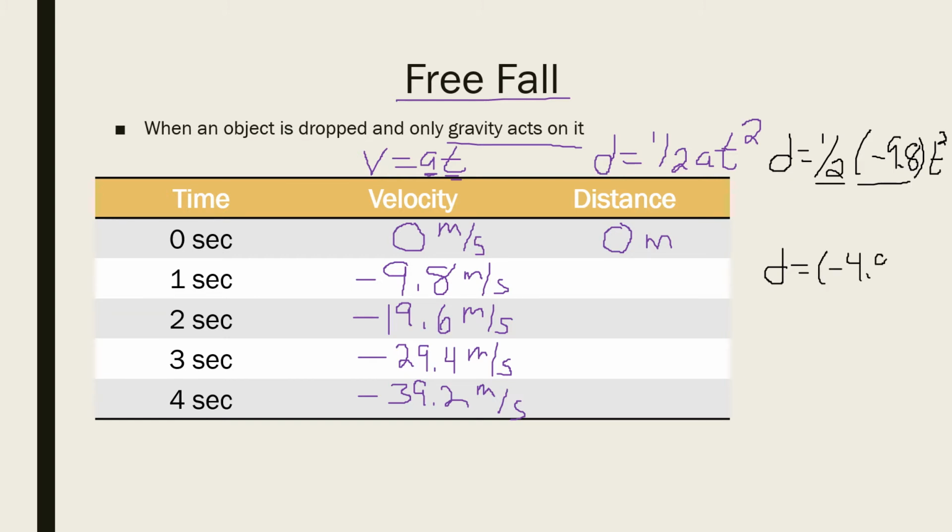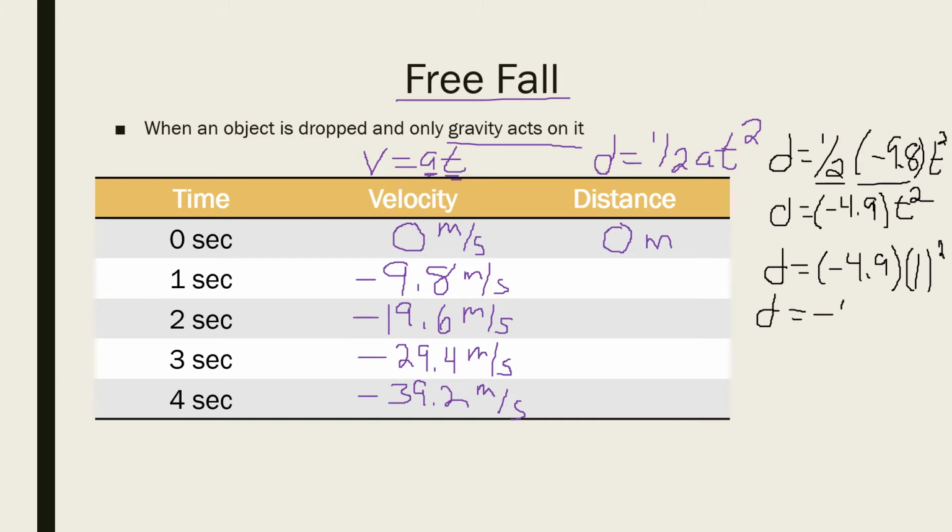So look at what I'm going to do, and I'm going to try to make it a little bit simple. If you just want to plug into this equation every time you can, but I want you to understand that once you take half of gravity, it's just going to be that number times t squared. What do you mean? Negative 4.9 for 1 second, 1 squared.